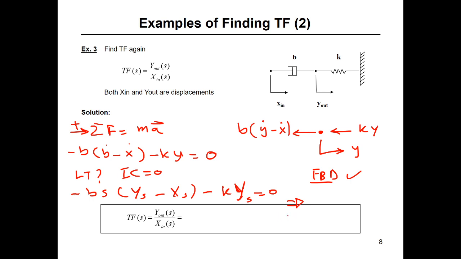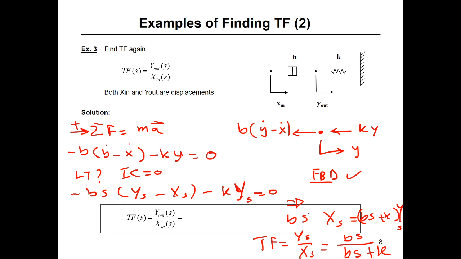It's going to be bs Xs on one side, and on the other side, bs plus k times Ys. So the transfer function we're looking for, Ys over Xs, will be bs over bs plus, yes, this is plus, why? Because we have minus here to the other side. Yes, plus k.